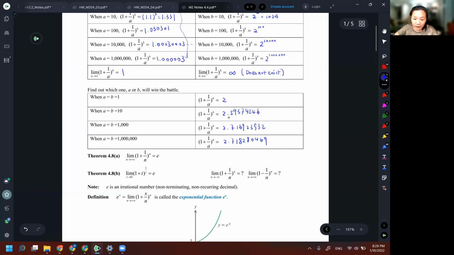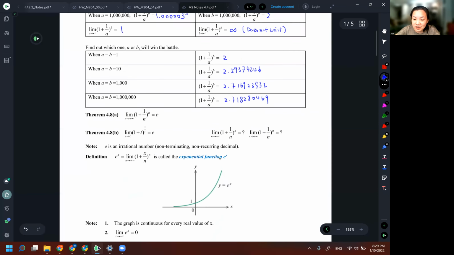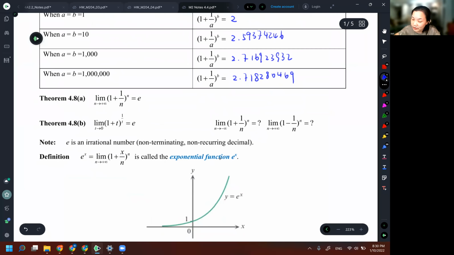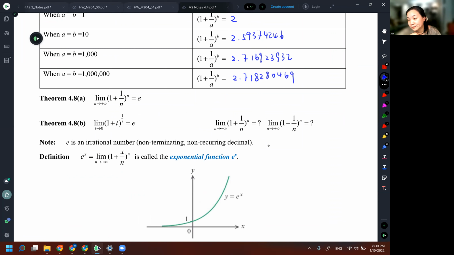Now, if this is equal to E, this is also equal to E. That's 4.8B. When T tends to 0, that's like 1 over N. T equals 1 over N, and the power is 1 over N. If you replace 1 over N with T, then you get the same limit.